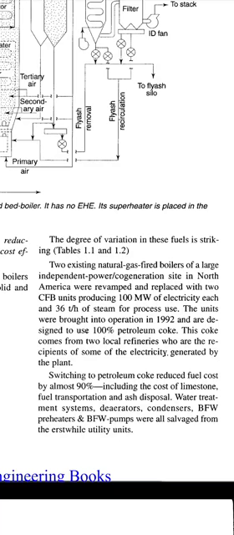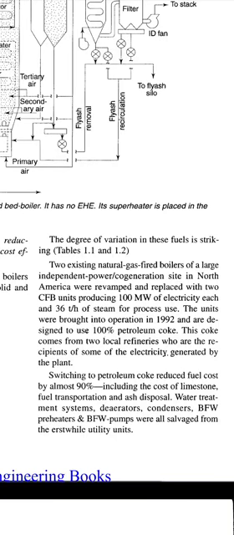Two existing natural gas fired boilers of a large independent power cogeneration site in North America were revamped and replaced with two CFB units producing 100 megawatts of electricity each and 36 tons per hour of steam for process use. The units were brought into operation in 1992 and are designed to use 100% petroleum coke.